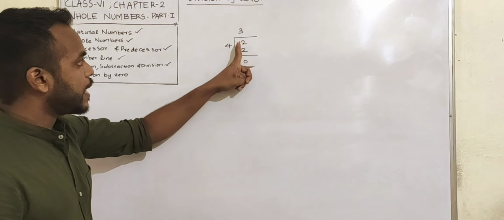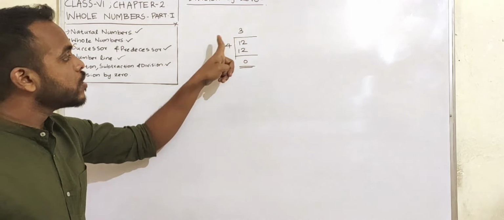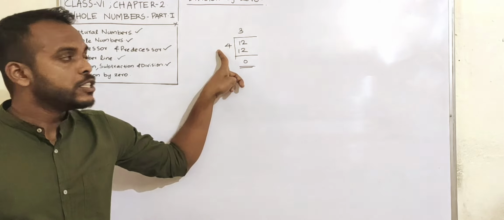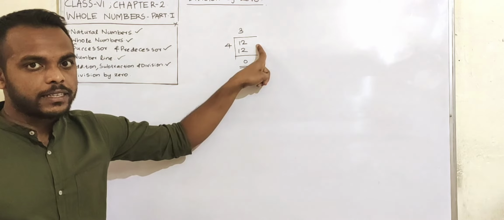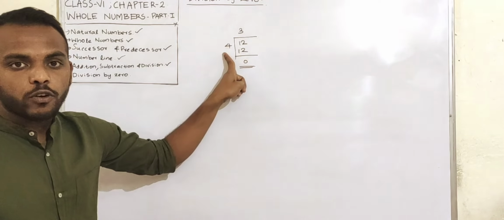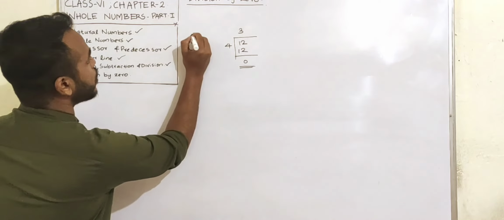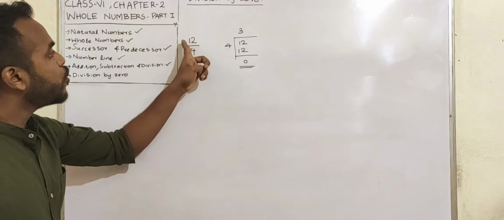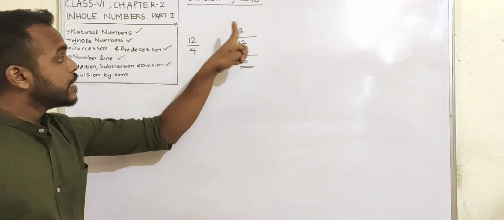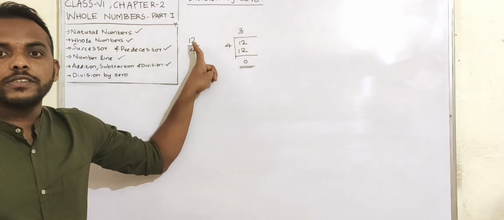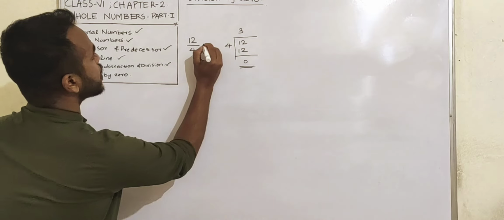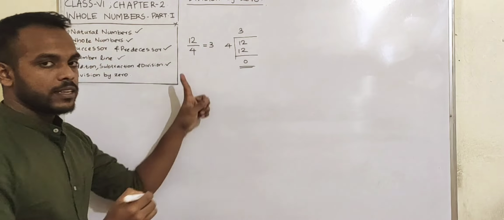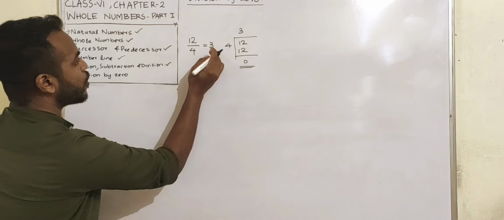This just means how many times 4 should be added to get 12. Am I right? How many times 4 should be added to get 12? That is what 12 by 4 means. How many times we should add the number in the denominator to get the numerator? That will be 3.